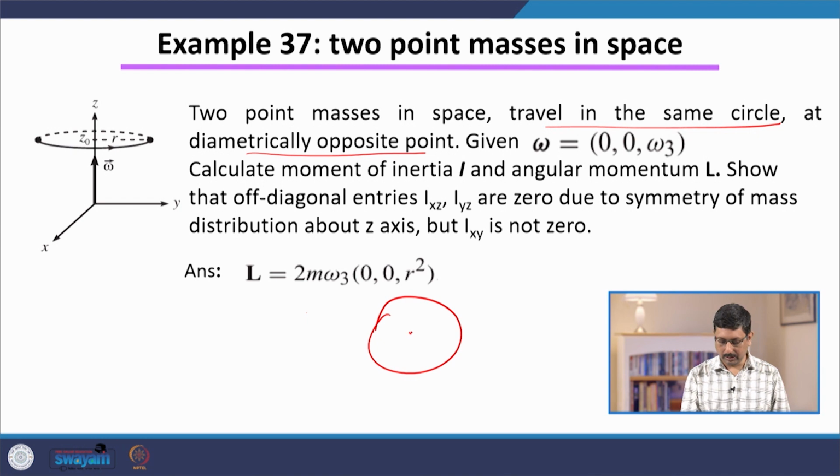If I have a top view and take a diameter of the circle, then the masses are situated at the ends of this diameter. If this is an axis parallel to the x axis and this is an axis parallel to the y axis, and this point's coordinates are x and y, then the other point's coordinates are minus x and minus y.